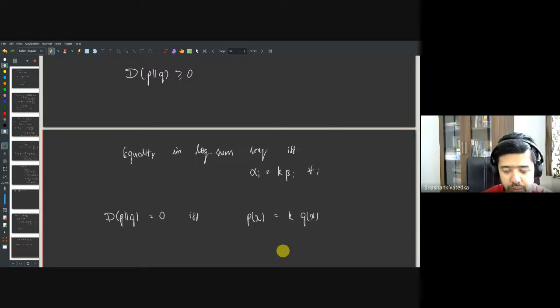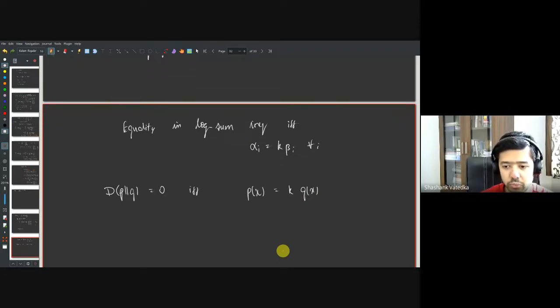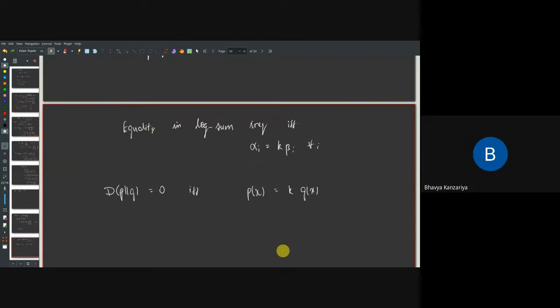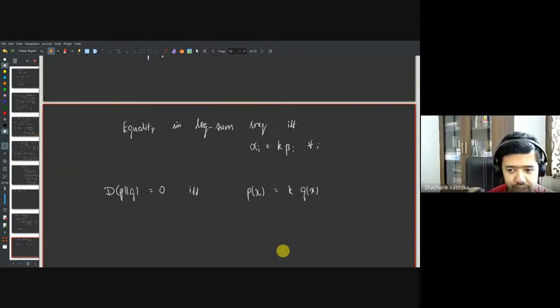Is it possible that k is not equal to 1? No, sir, because the summation of P of x over all x is 1, right? Exactly. So if you take the summation over all x, P of x, this should be equal to k times the summation over x of Q of x.